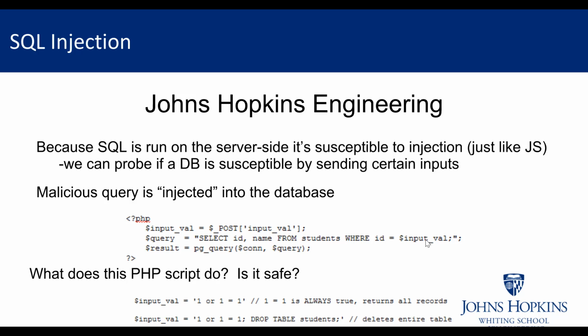We're selecting the ID and the name field from a database table called students. And again, here's a where clause, but we only want that information from the students table where the ID equals input val. Now remember, input val was read in directly from the user from an HTML form.